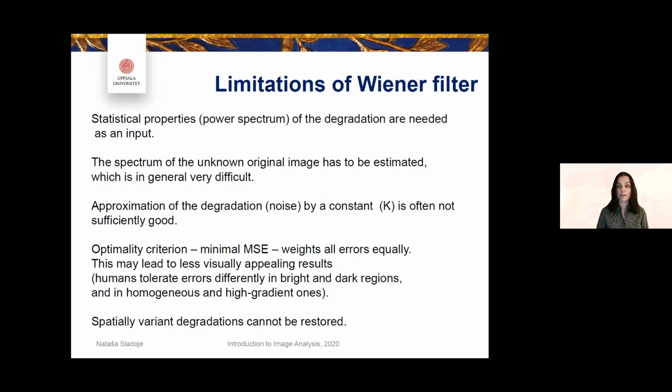So in that sense, Wiener filter will meet the criteria that are imposed, but might not give us results that we will prefer, as we maybe did not prefer images with high peak signal to noise ratio necessarily, compared to, for example, images with high SSIM measure. And finally, Wiener filter will not allow for restoration of spatially varying degradations, which is also one of the limitations of this filter.